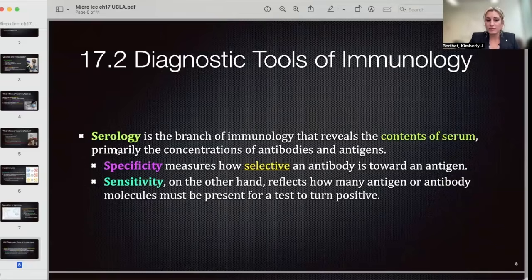So again, specificity has to do with actually identifying the right microorganism, the right strain of that microorganism, and sensitivity has to deal with how much of the microorganism or antibody has to be present in order for the test to pick it up. So a test can pick up an antigen that would be a direct correlation with a microorganism. So if we're picking up the surface spike protein from the COVID virus, that would be the antigen, the specific epitopes that the test is looking for.